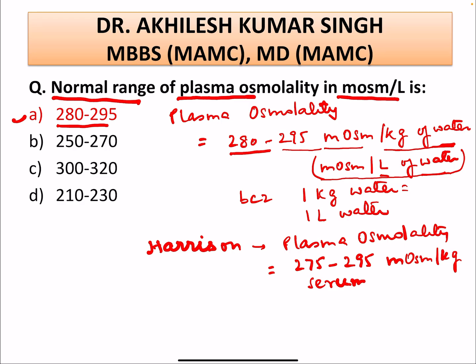So this value is mentioned in the Harrison, and you can remember this value also. So in this question, the option A, 280 to 295 milliosmoles per liter, will be the correct answer here.